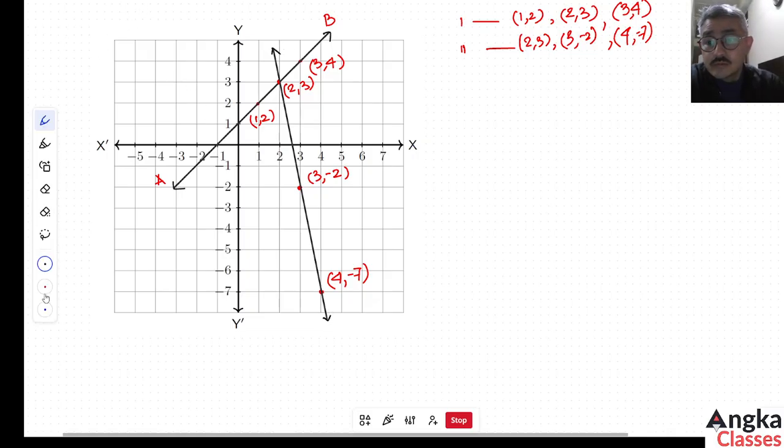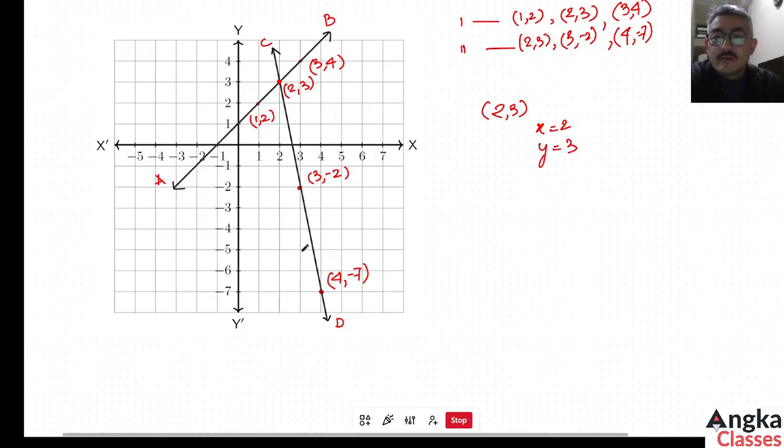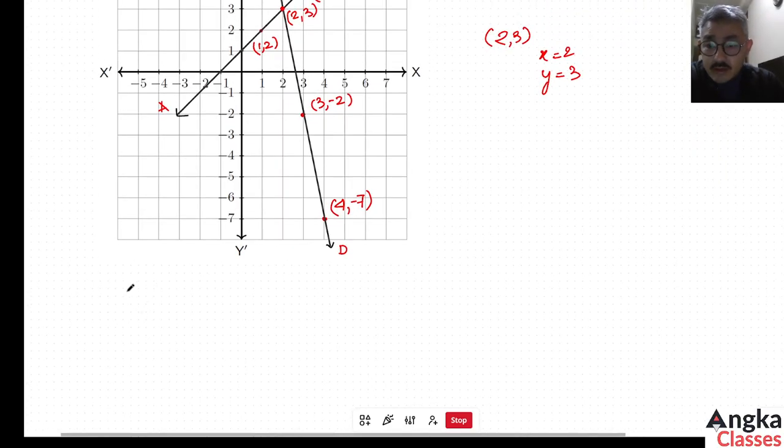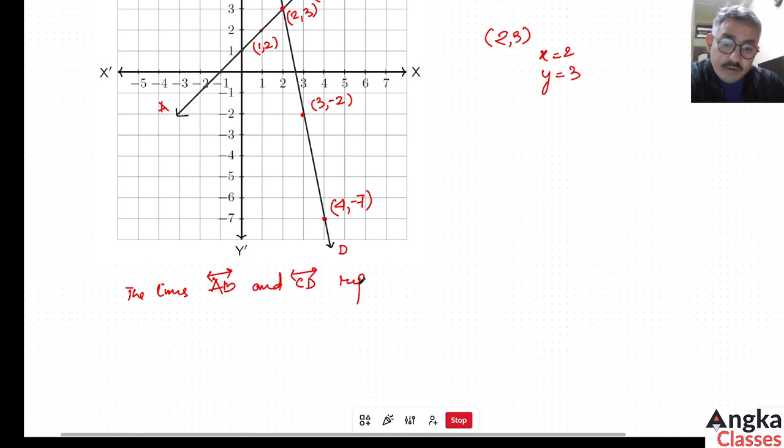We'll call this line CD. The two lines AB and CD represent equations 1 and 2 respectively.